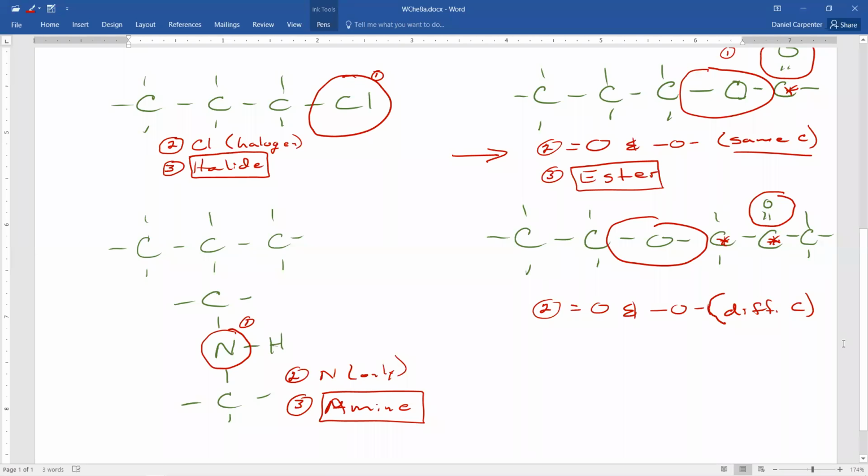Now, what in the world is it? We didn't talk about one like that. Well, here's the deal. If they're on different C's, then we have O between two carbons, which is an ether.